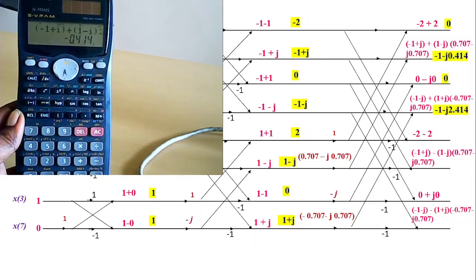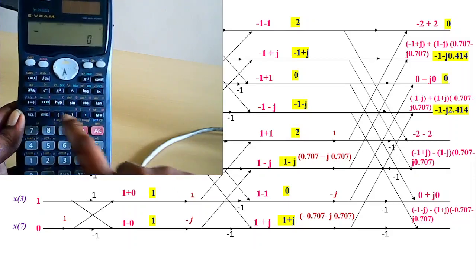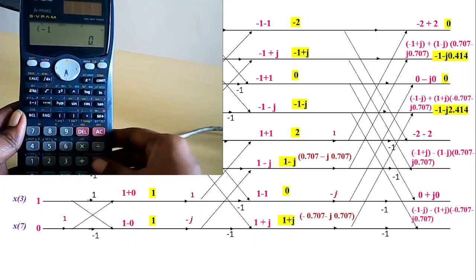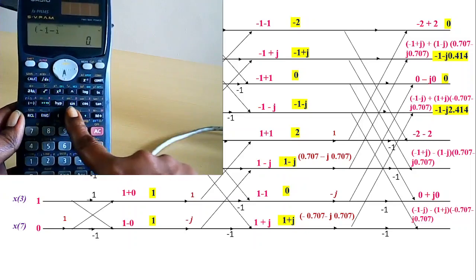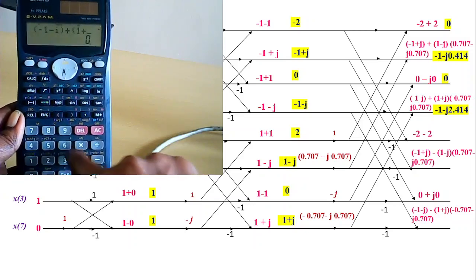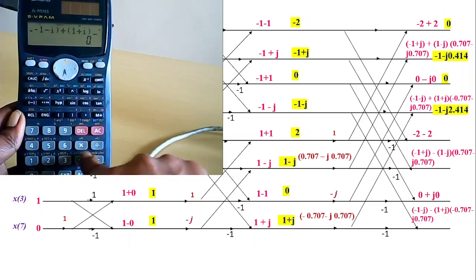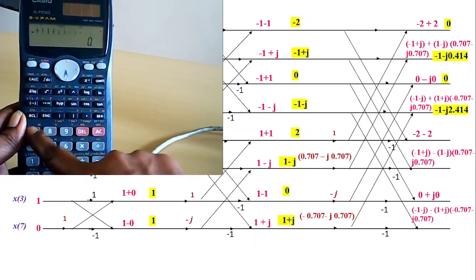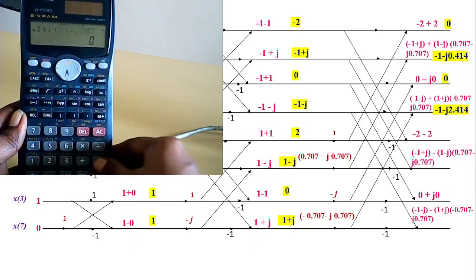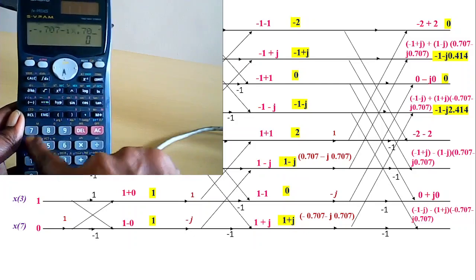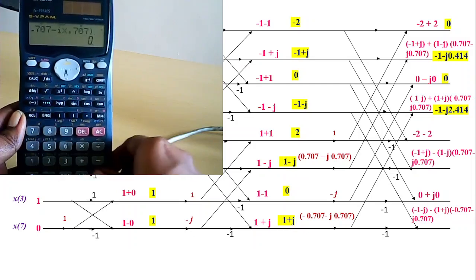The next one, so minus, open bracket -1 minus j close bracket plus open bracket 1 plus j close bracket into open bracket minus 0.707 minus j into 0.707 close bracket.